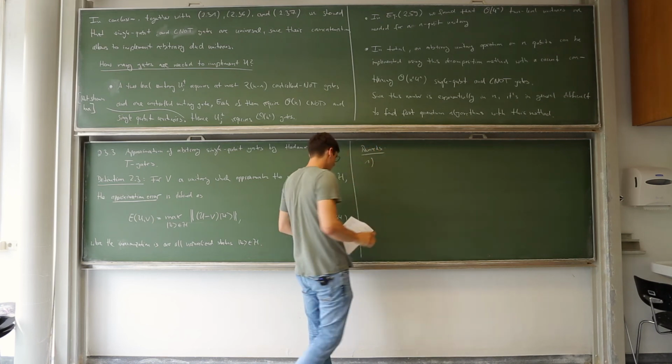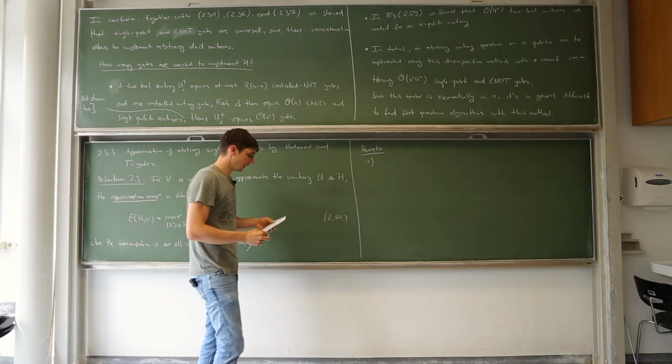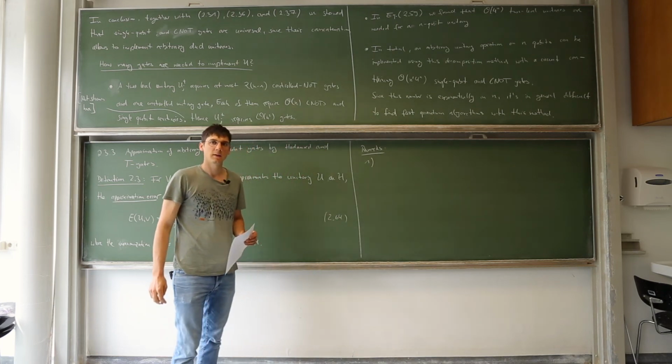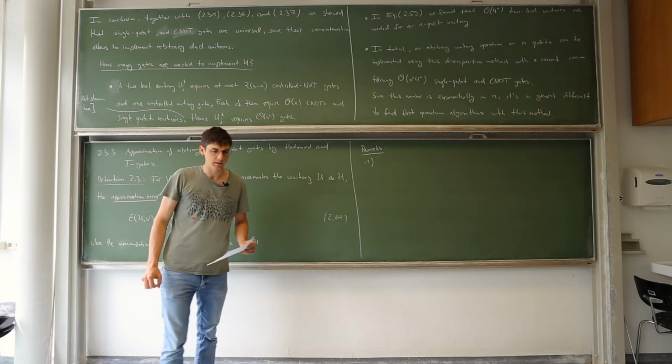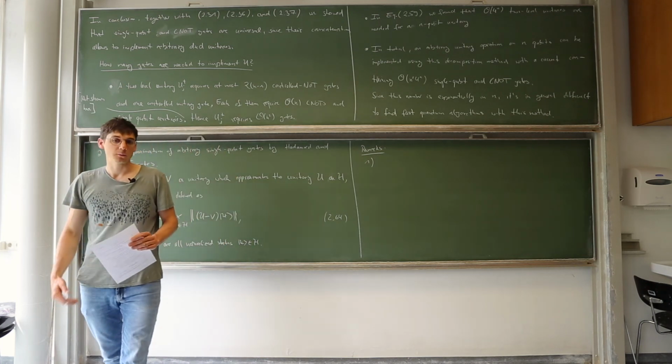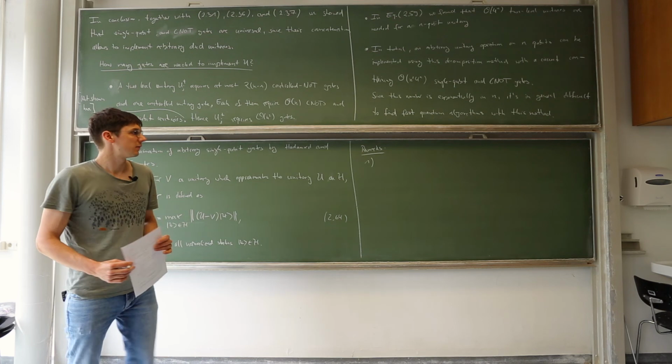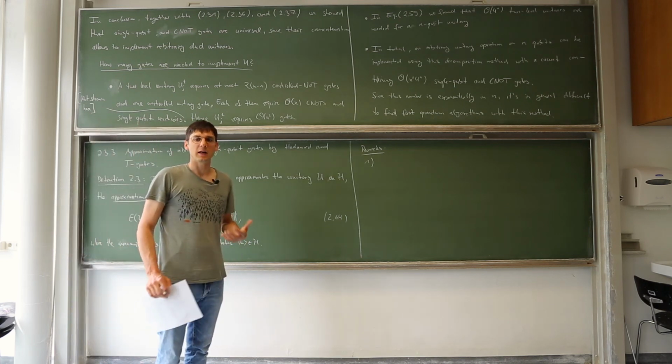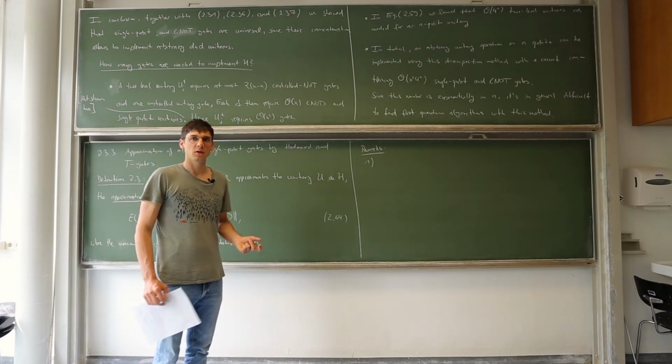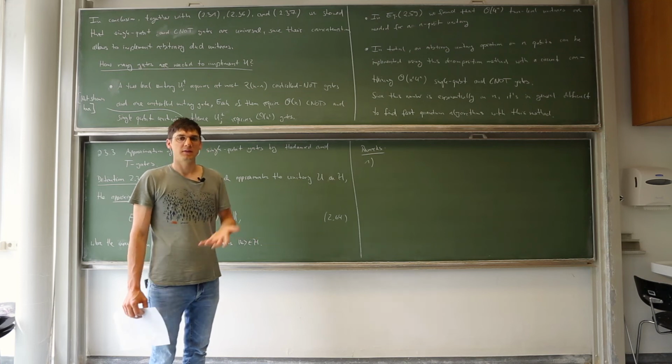So first, this approximation error gives an upper bound between the output statistics if I perform an arbitrary measurement of U psi and V psi.